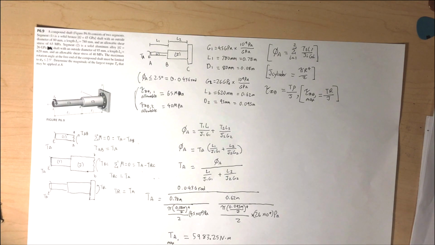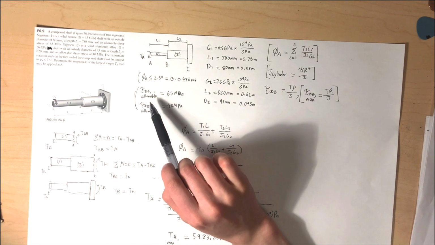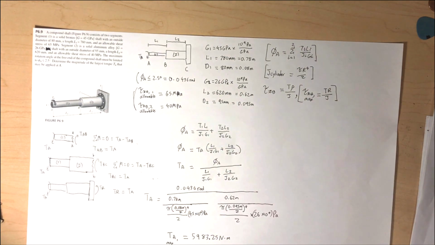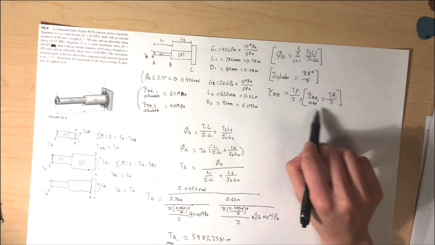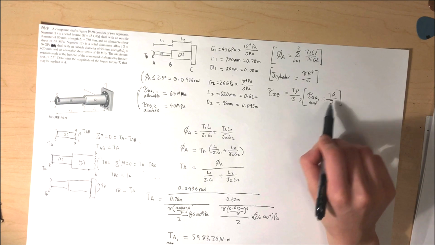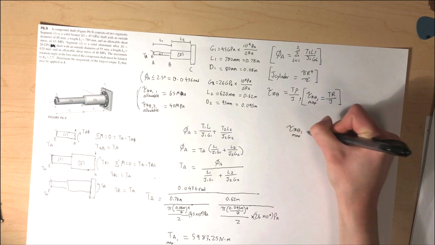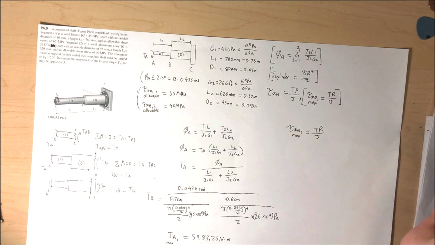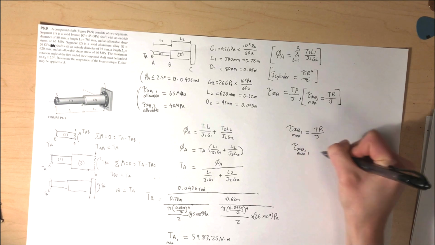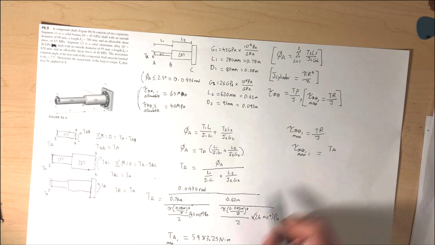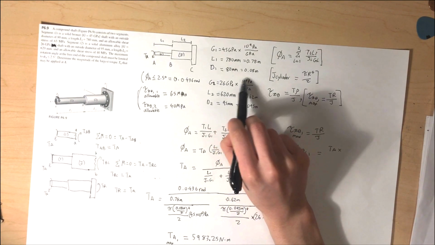So now that we know the max allowable load at the end at A for our first condition, we want to see if the other two conditions have already been met at this max load. For that, we can use our shear stress equation for max shear stress, which occurs at rho equals R. In 1, we will have TA as calculated down here times the radius of our first member, and that's going to be D1 over 2.